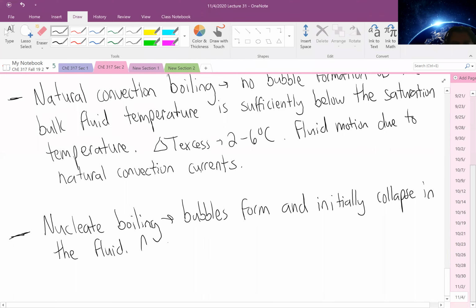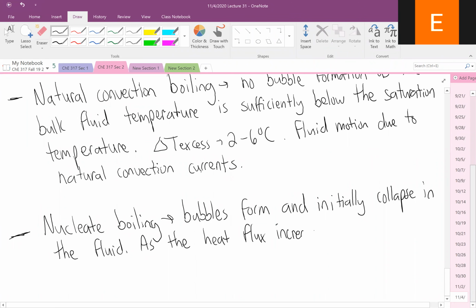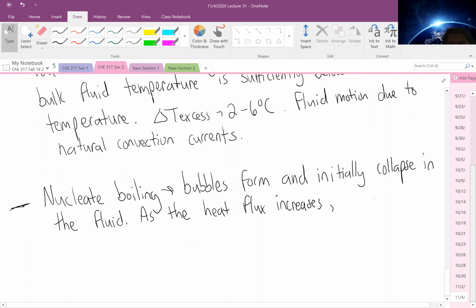As the heat flux increases, we find that more bubbles form and reach the liquid vapor interface.